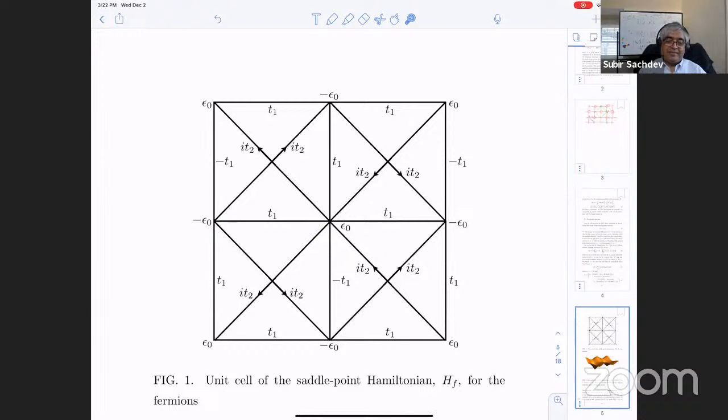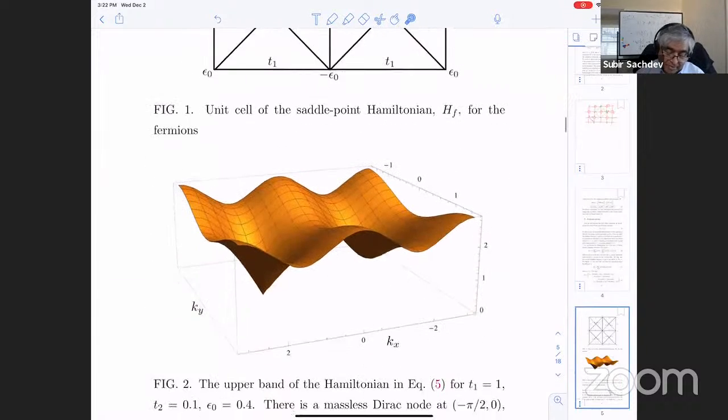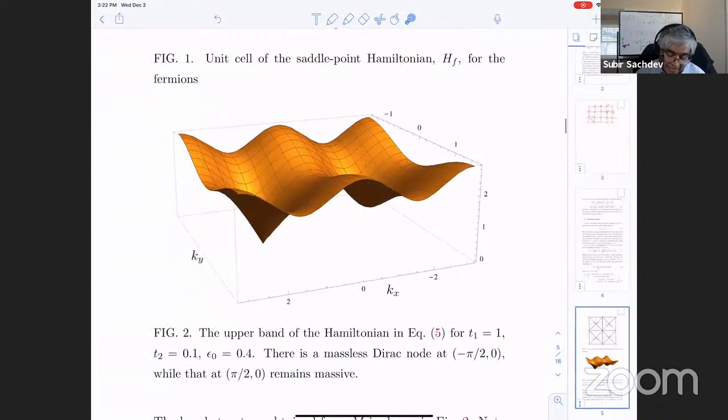So when epsilon naught is very large, the Chern numbers of the two bands are 0 and 0. And as you decrease epsilon naught, they meet at this one point, and then they move apart. And when they move apart, the Chern numbers become 1 and -1. So at large epsilon naught, they have to be trivial, and that tells you without any computations which way the Chern number has to go.